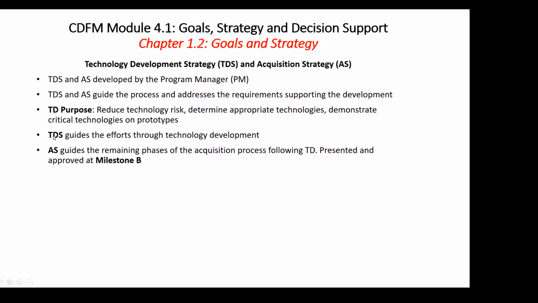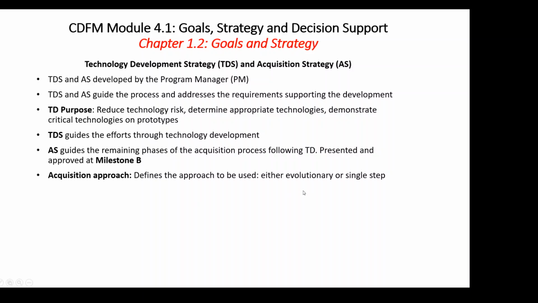And then the acquisition strategy just guides the remaining phases we just looked at. So remember, technology development happens in phase number 2, after milestone A, and then you go into milestone B. So it's presented and approved at milestone B, where you go into your formal acquisition process. The acquisition approach defines the approach to be used.